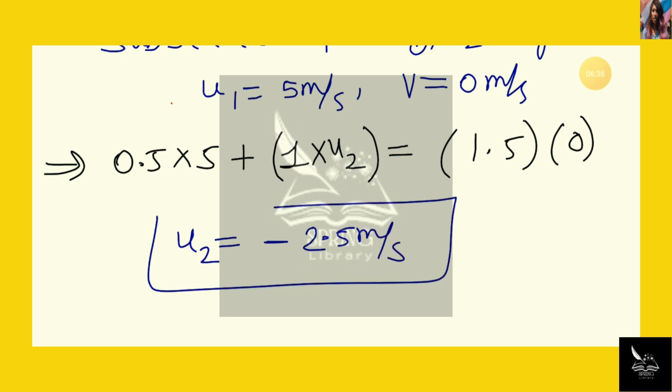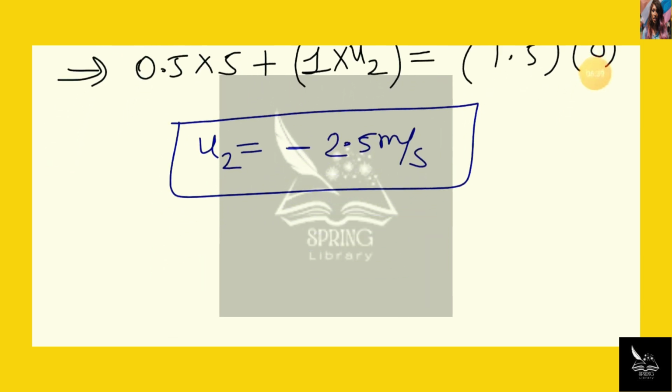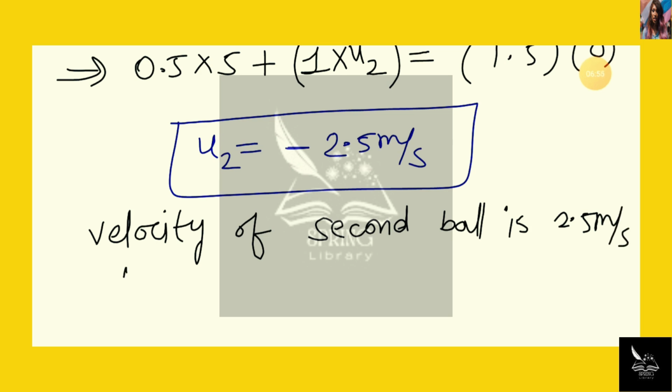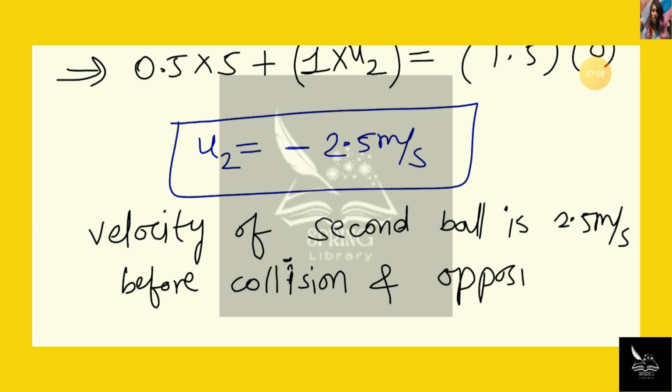After getting this result, the conclusion is that the speed of the second ball is 2.5 meter per second before collision, and the direction will be opposite to the direction of motion of the first ball, because you can see that a negative sign has come in the result.